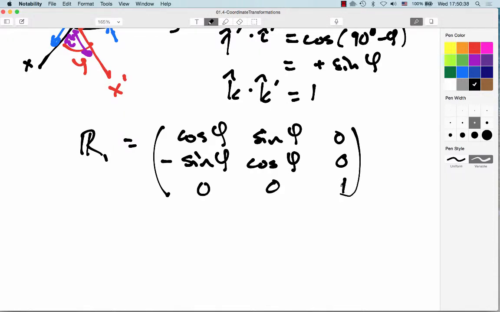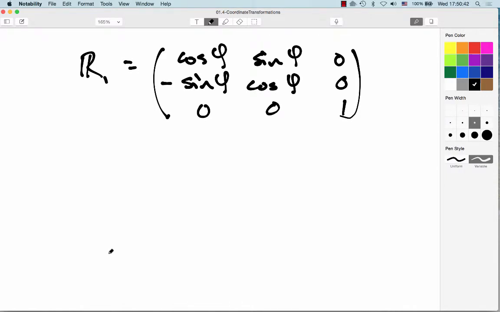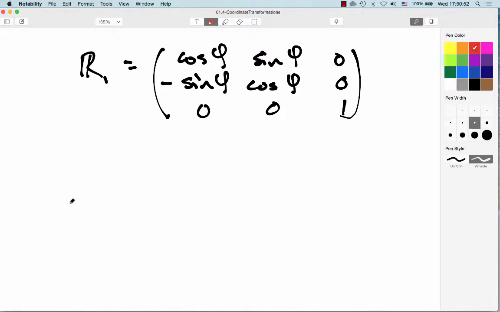Okay, so now that we have all that, we can go ahead and take a look at our new primed coordinate system.